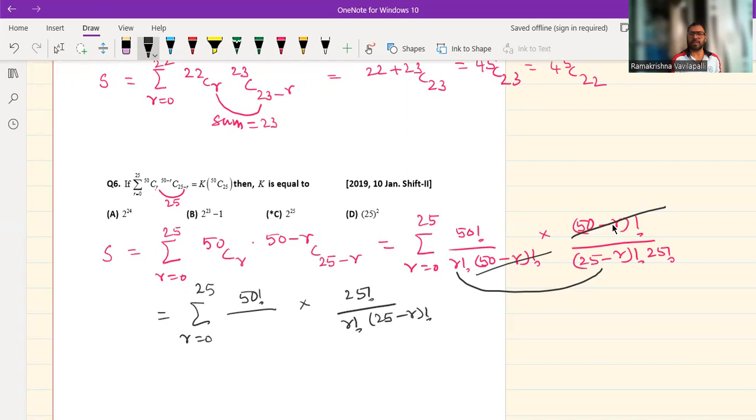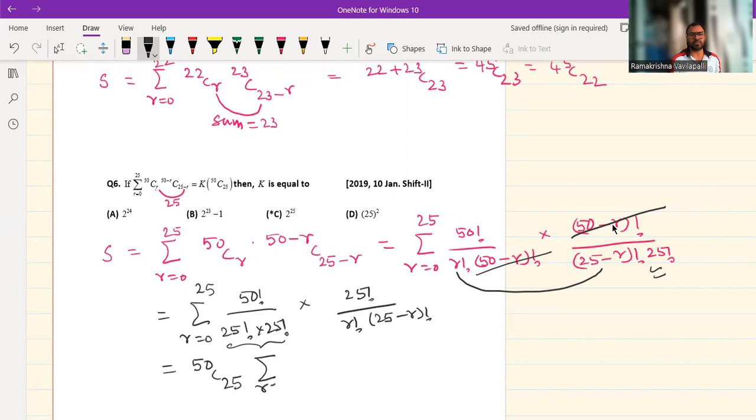Here multiplied in numerator 25 factorial, so in denominator also we have to multiply 25 factorial, and there is another 25 factorial into 25 factorial. So the first one becomes 50C25. That is constant, it does not involve any variable r, so you can bring it out of the sigma: 50C25.